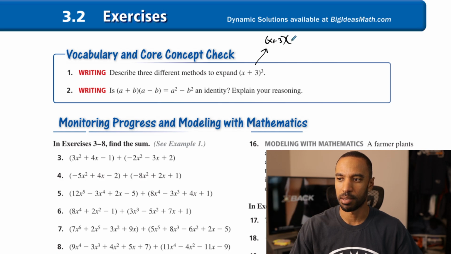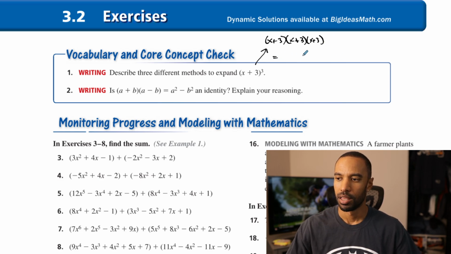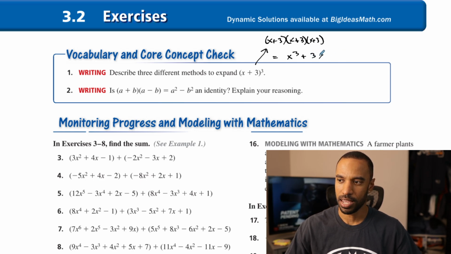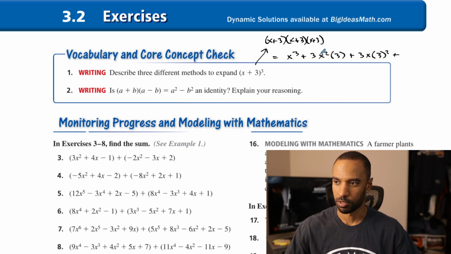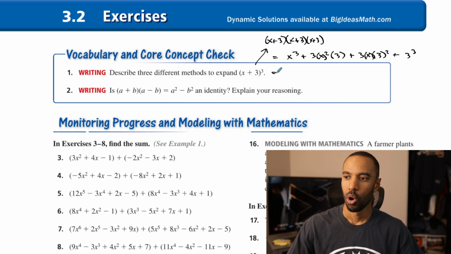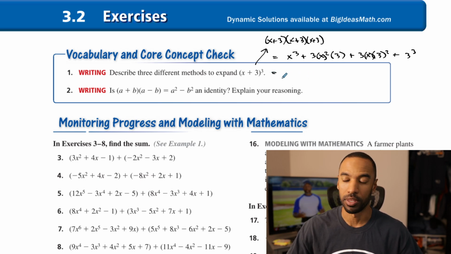There's x plus 3 times x plus 3 times x plus 3, which I'm not going to actually do. Or there's x cubed plus 3 x squared times 3 plus 3 times x times 3 squared, let me put these in parentheses so you know what I'm doing, plus 1 times 3 cubed. Or there's using the binomial one that we were just talking about.